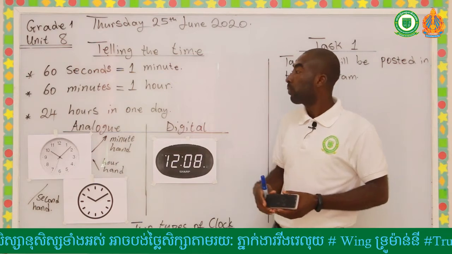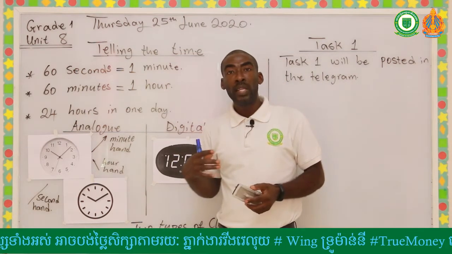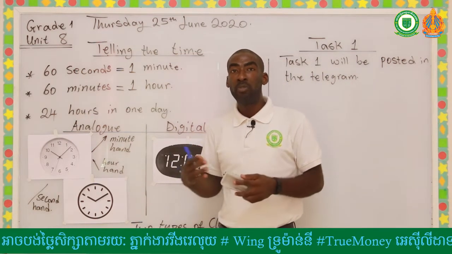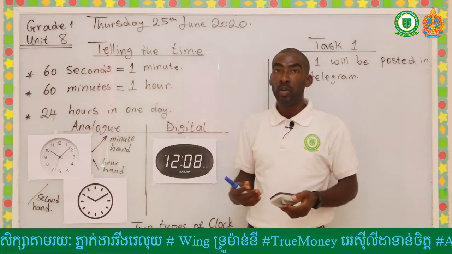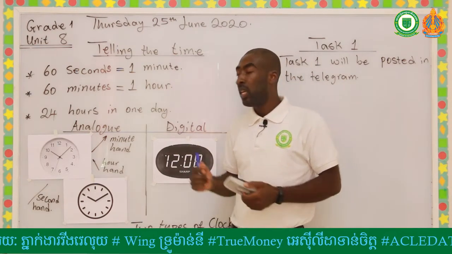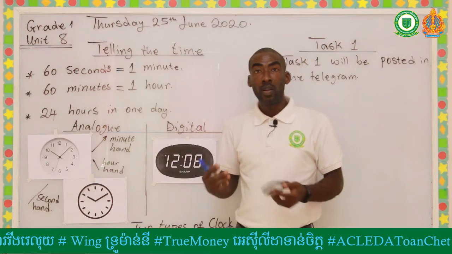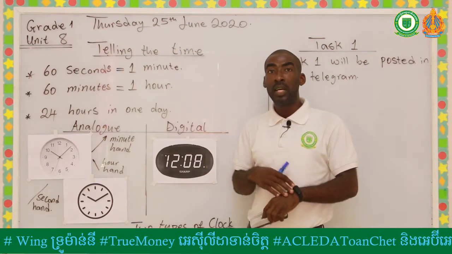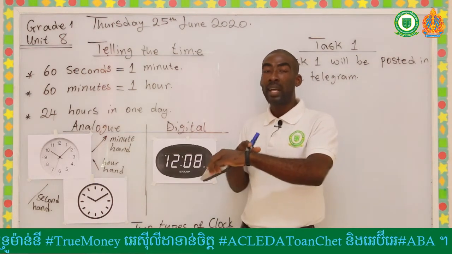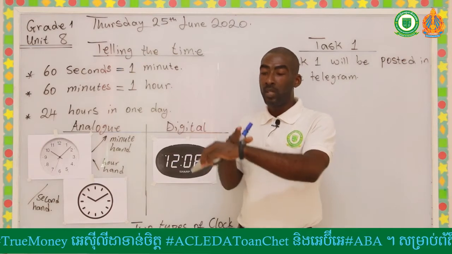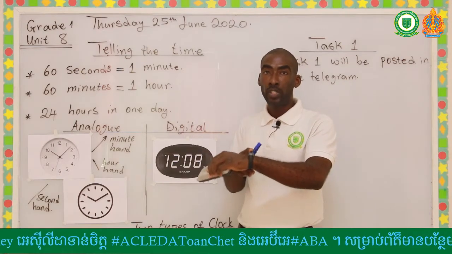Now let's look at the design of a clock, or what we call a watch. A watch or a clock is what we read our time from, just like I have on my wrist now. So this is a wrist watch.